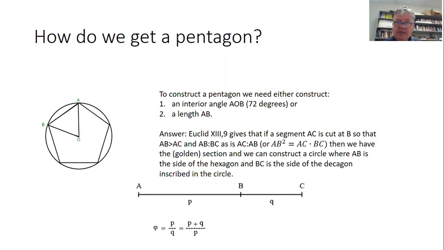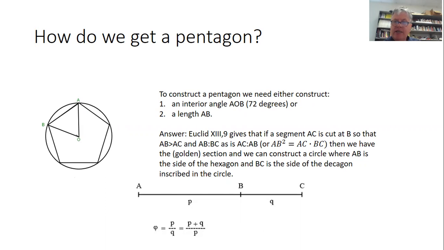If you think of that, that means the large is to the small as the whole is to the large. And so that's two ratios being equal, so we cross multiply, we see AB squared equals AC times BC. Remember, AB squared means an area of side AB, and AC times BC, we mean the area of a rectangle of sides AC and BC.